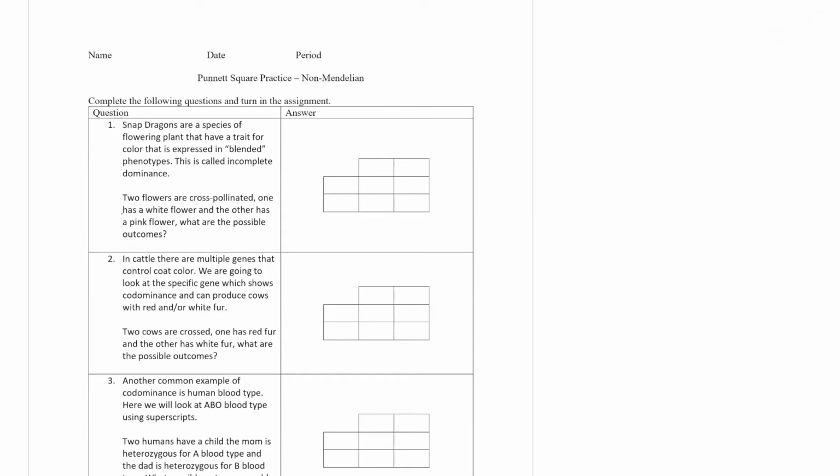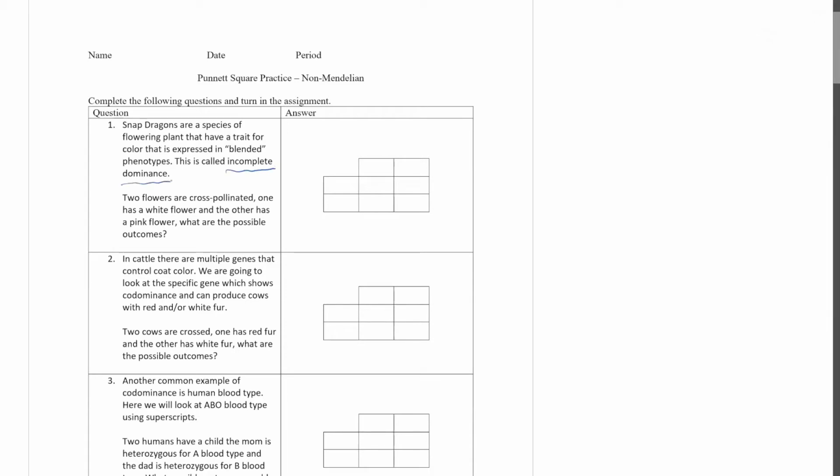When you look at it, it's color driven. The dominant is red, the recessive is white, and red and white blended together is pink. This tells you that it's a blending of the two characteristics, and we're going to call this incomplete dominance.